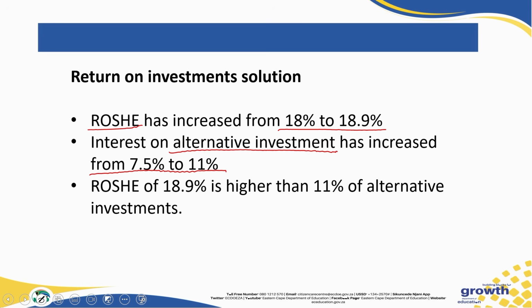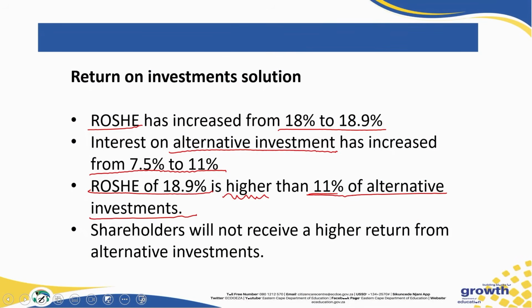However, the ROSHE of 18.9 is definitely higher than the 11% of the alternative investment. So this shareholder is getting more from this company than what they would get in a fixed deposit. So therefore, the shareholder will not receive a higher return from the alternative investments. So this shareholder should stay with this business and not go to another investment that will only give her 11%.